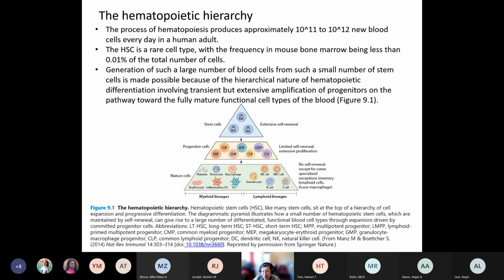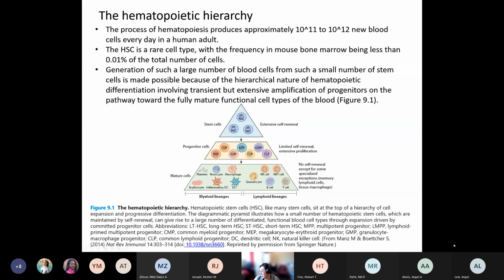In each cell division, they become a more specified cell. But during a period of time, you have huge cell amplification or cell proliferation, and eventually, when those cells become the terminally differentiated cell, you have a huge number. That's why every day we can make that many cells.